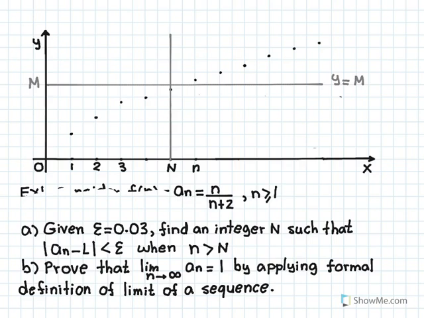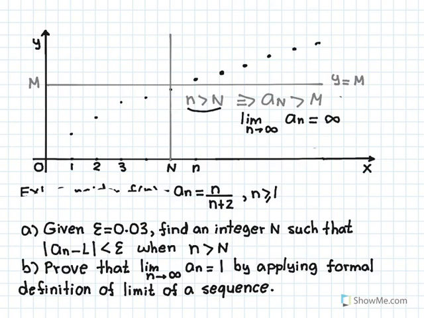So here we have when n is bigger than capital N, this implies that a_n is bigger than capital M. Take a look at these points. You can see how all of them are bigger than capital M as n is bigger than N. And so that means the limit as n goes to infinity of a_n is equal to infinity. The terms are increasing to infinity.